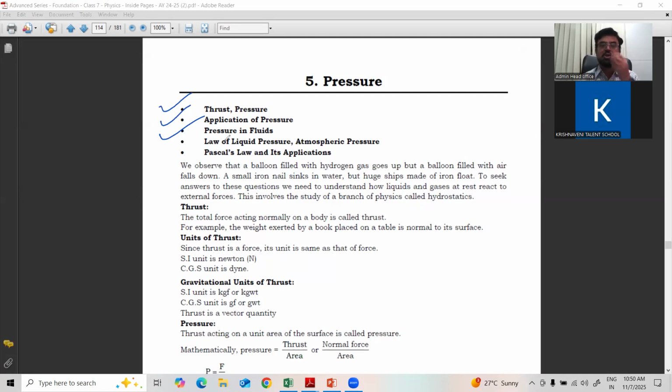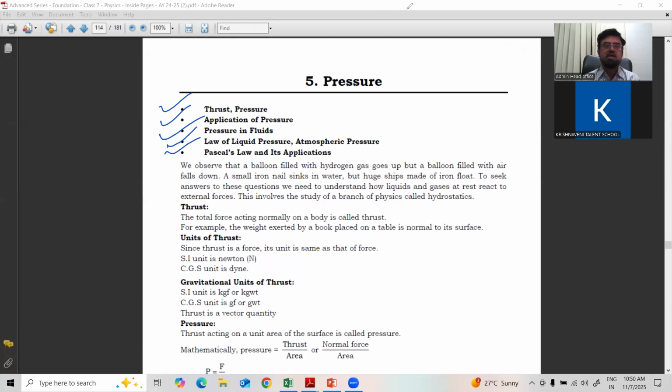Liquids and gases together are called fluids. Then the law of liquid pressure, atmospheric pressure, and Pascal's law and its applications. These are the concepts we are going to learn in the coming 3 to 4 days in the chapter pressure, right?